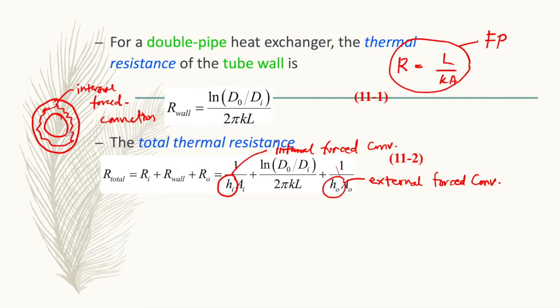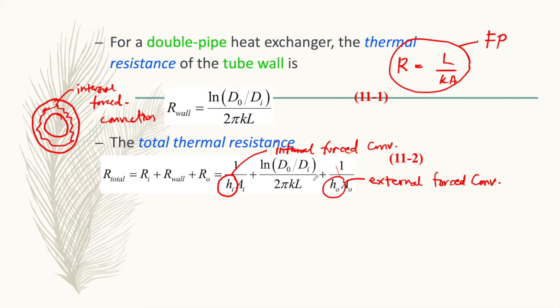For the double pipe heat exchanger, this annular space is for internal forced convection. Therefore, H out here is for internal forced convection. If you are dealing with the shell and tube heat exchanger, this H out falls under external forced convection. In this equation, Hi is for internal forced convection and Ho is for external forced convection. This applies to the shell and tube heat exchanger or cross flow compact heat exchanger.